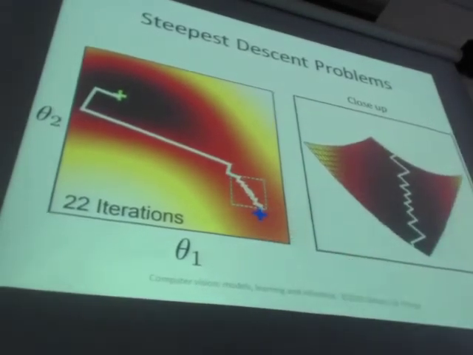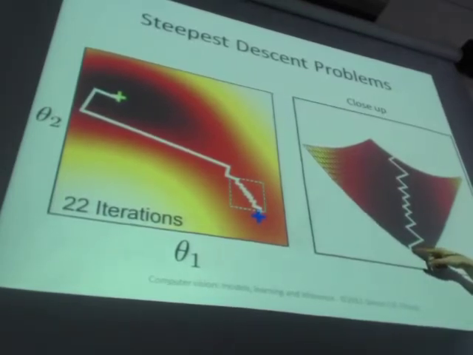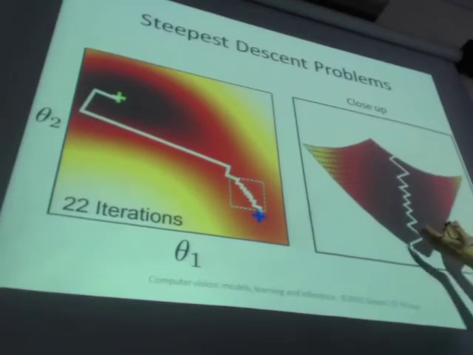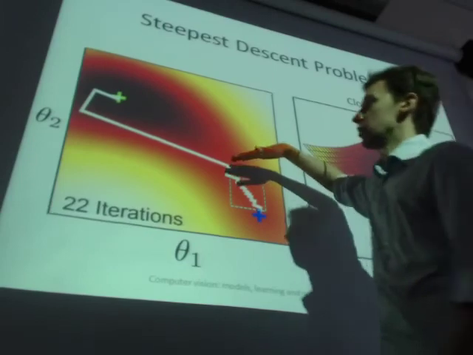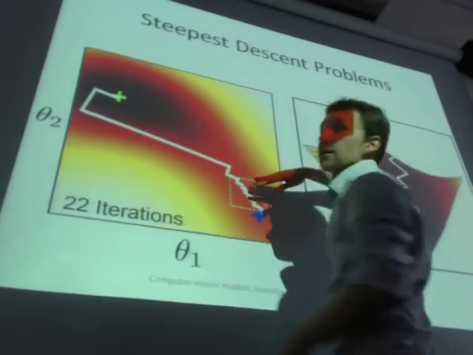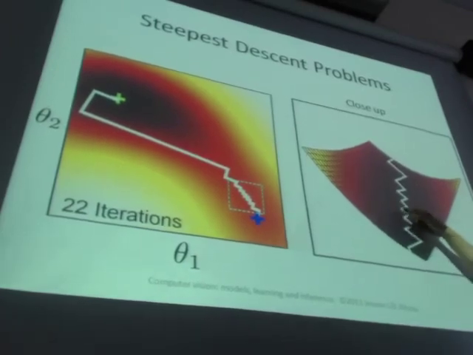So what was happening there? Well, it started in some location, and basically you see this kind of valley, right? The whole valley is tilted downward. It's pointing towards the bottom there. But we're bouncing off the sides of the valley, right?